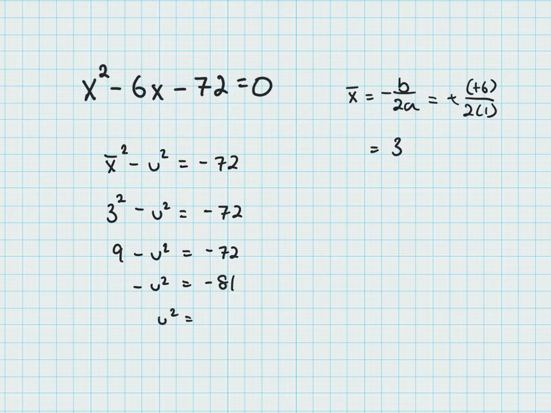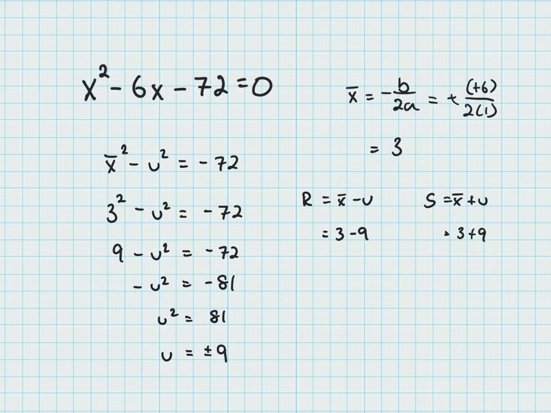Take the opposite of both sides, and take the square root of both sides to get plus or minus 9. So again, our R value is going to be x bar minus u, and the S value is going to be x bar plus u. So when we substitute in, we have a 3 minus 9 and a 3 plus 9. So here we get a -6, and here we get a positive 12.